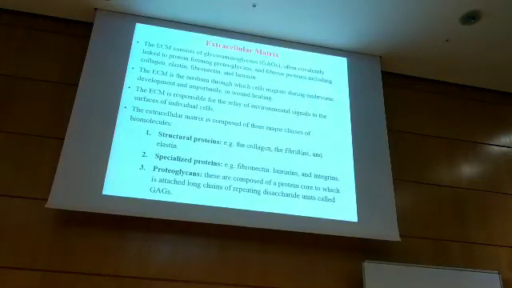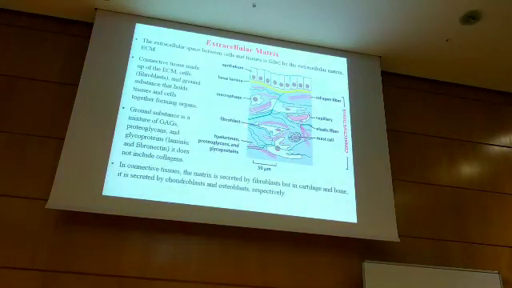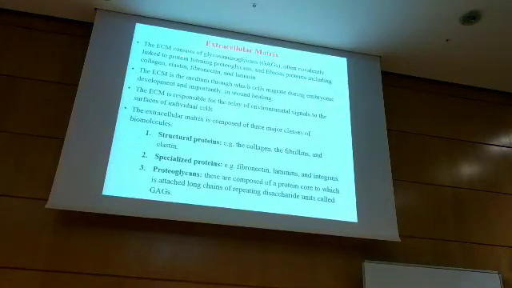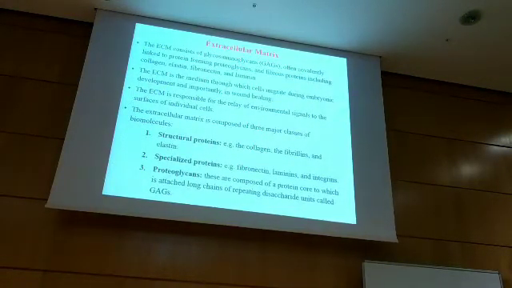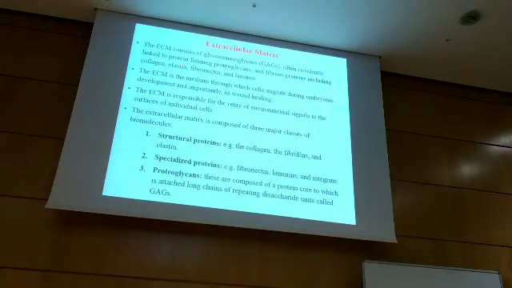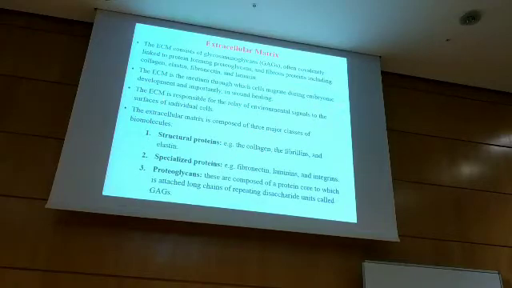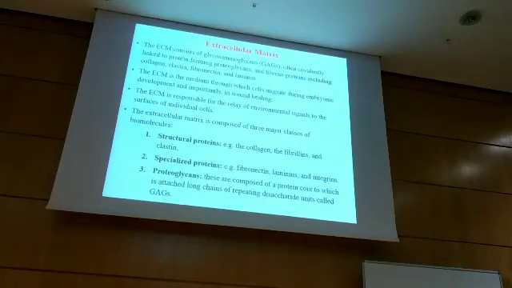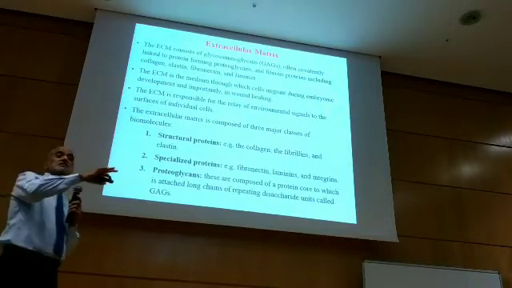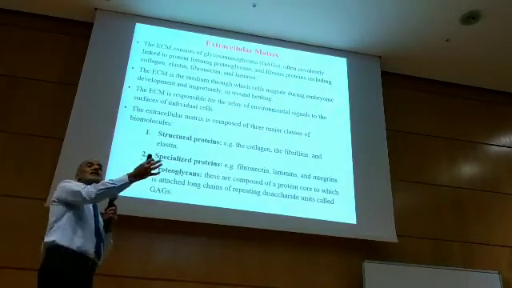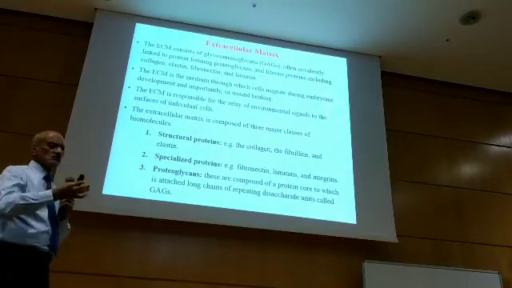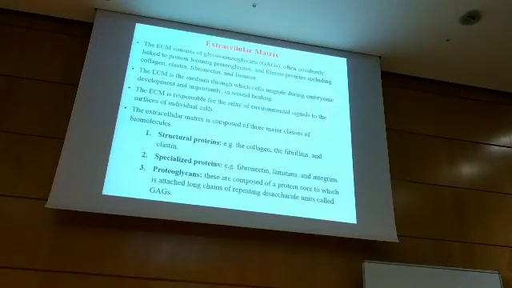So, the extracellular matrix is everything. The extracellular matrix is made up of the GAGs and the fibers. Again, the extracellular matrix is responsible for the flowing of nutrients to cells and away from cells: oxygen, glucose, amino acids, carbon dioxide, hormones, whatever.